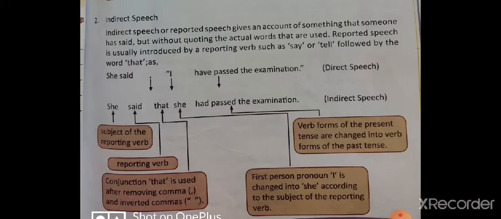Now in indirect speech, whatever I have told Priyanka has been conveyed to some other student by Priyanka. For example, I'm saying to Priyanka, Priyanka, you're not allowed to speak in the class. Now this particular message has been conveyed from Priyanka to Ram.